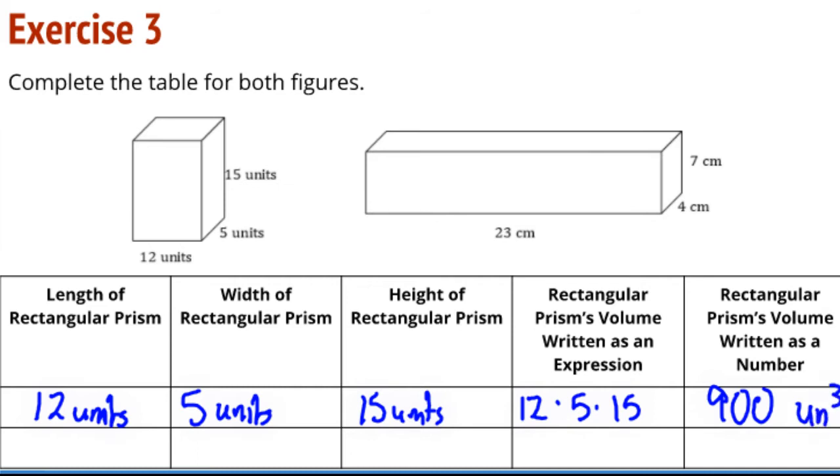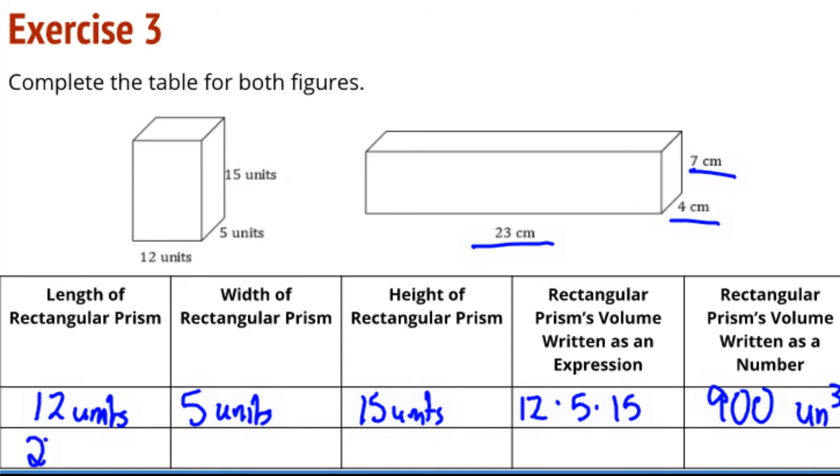Looking at the second rectangular prism, now, it gets a little tricky here because, which one's the length, which one's the height? It's a rectangular prism. There are 3 dimensions. I can say this is the length, this is the width, this is the height. As long as I'm not substituting 2 different numbers in for the same variable, I'm okay.